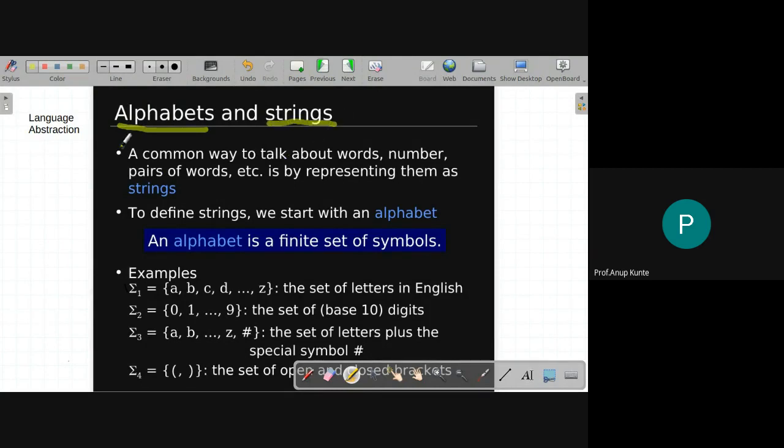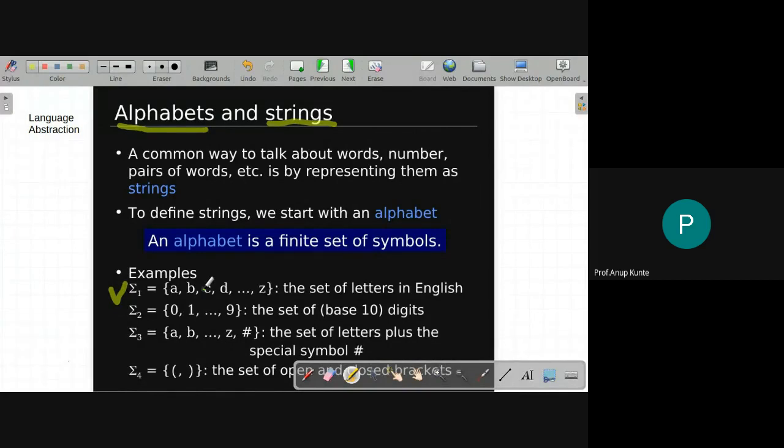Okay, so in English or any natural language, you have something called mulakshara, or alphabets. For instance, in English, we can talk about this set of symbols from A, B, C, D up to Z. These set of symbols that we use are referred to as the primary symbols using which I can construct any word in English, right?